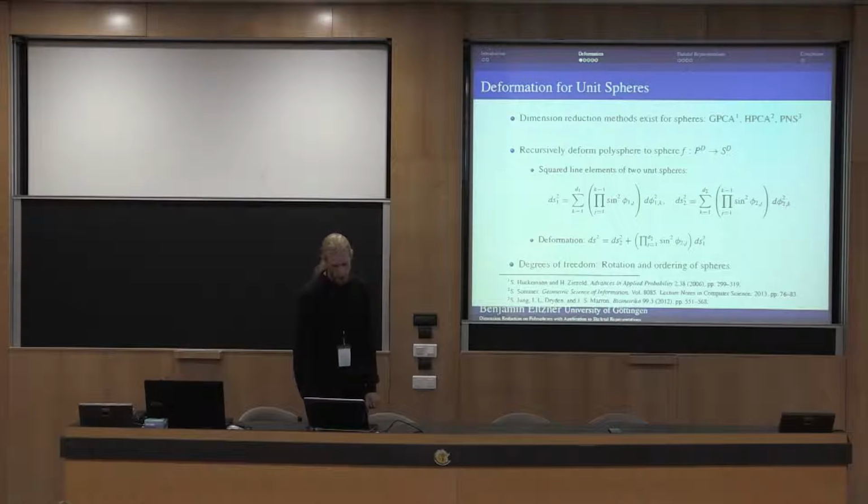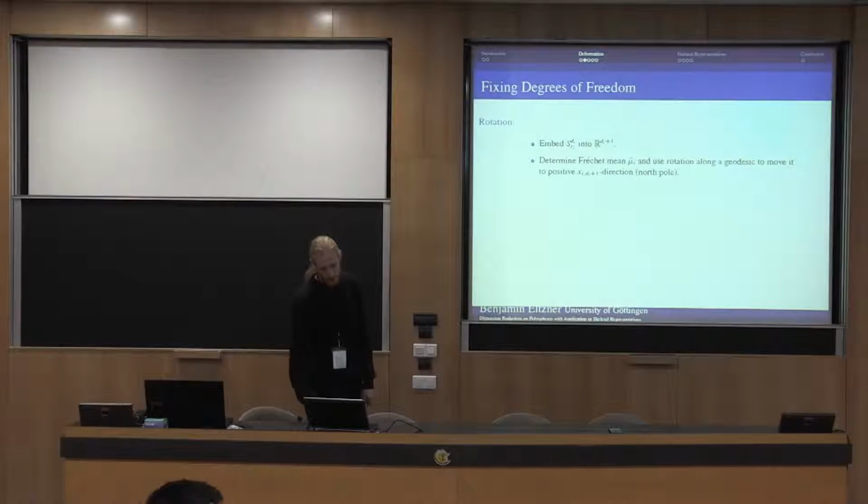And now we have degrees of freedom, namely rotation and ordering of spheres, so choice of coordinates, and also which spheres are taken as inner and which are taken as outer spheres. And to fix these degrees of freedom, well, the rotation, we use the standard embedding into real vector space.